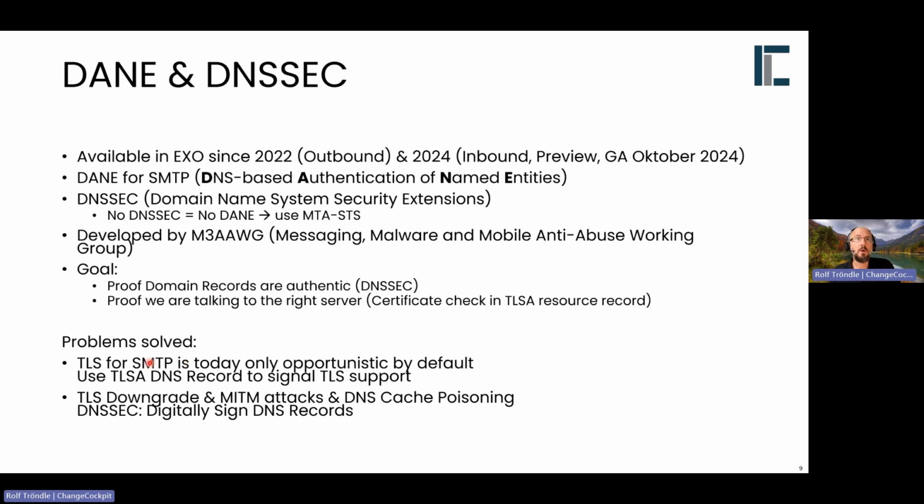So with TLSA records, you would signal to the sending server that it needs to use TLS, because it's signaled using a TLSA DNS record. And TLS downgrade, man-in-the-middle attacks and DNS cache poisoning attacks aren't possible anymore, because we are using DNSSEC to validate that the TLSA resource record is real and valid at all.